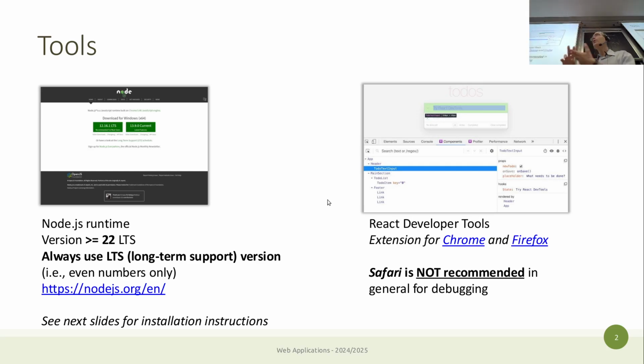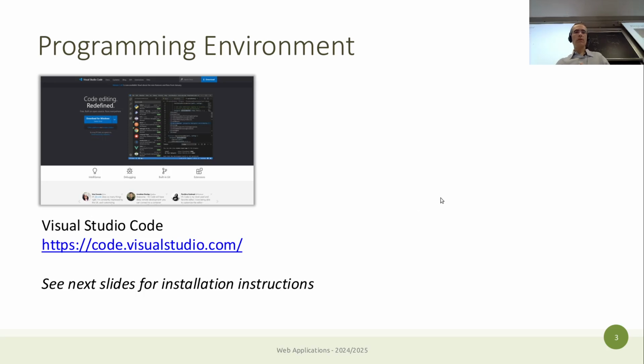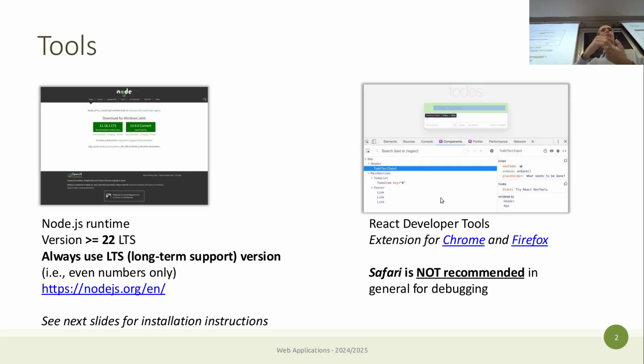Well, basically we are going to use three softwares. The first one we need is this Node.js runtime. It's basically the environment where we can run JavaScript code outside the browser.